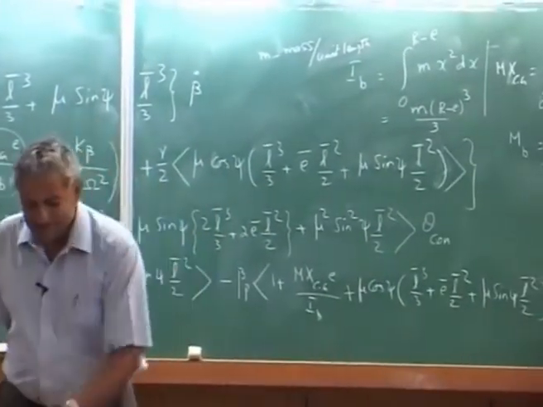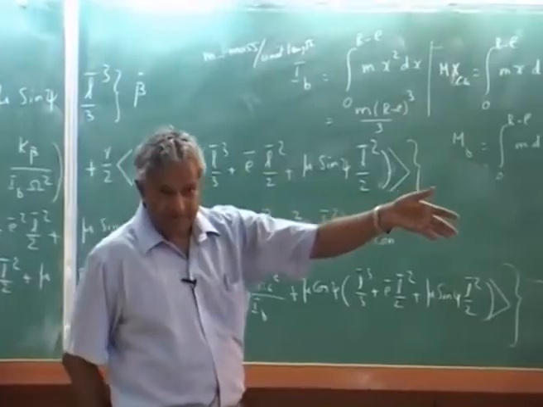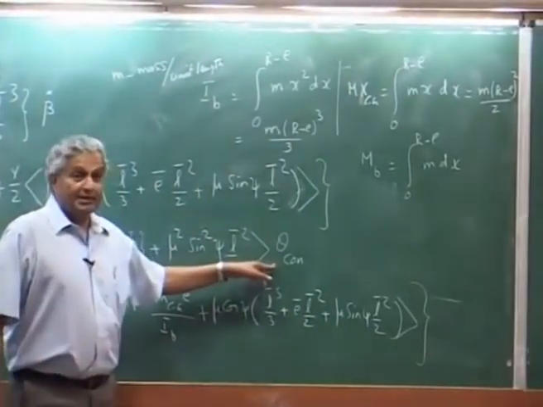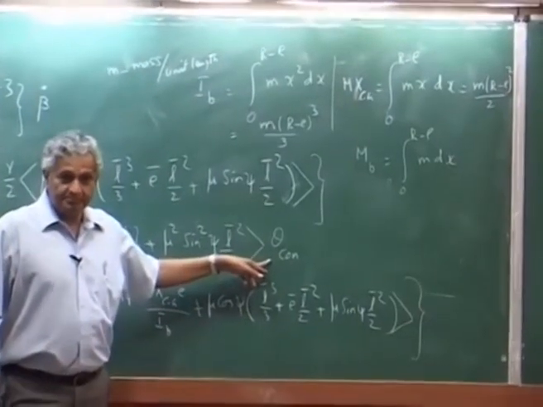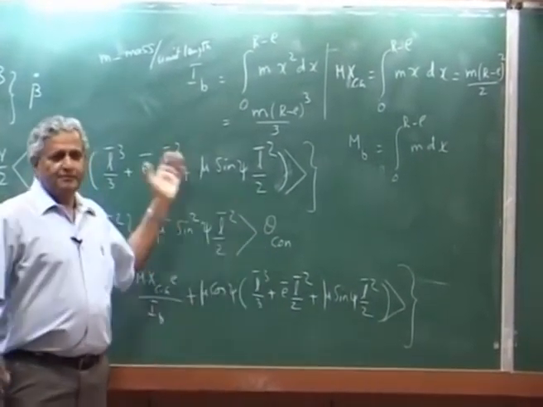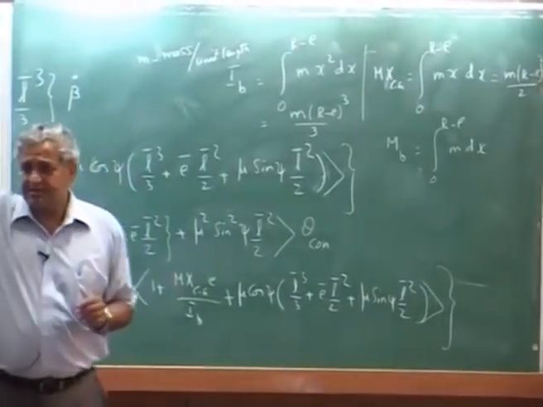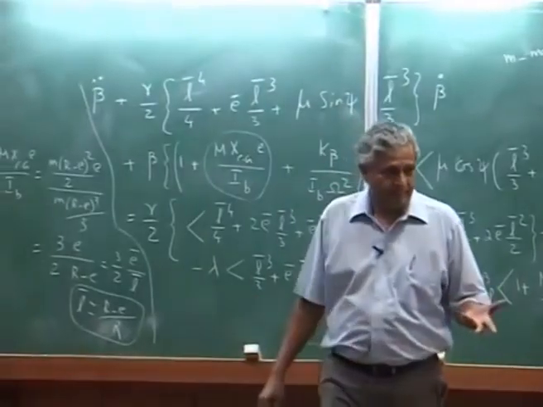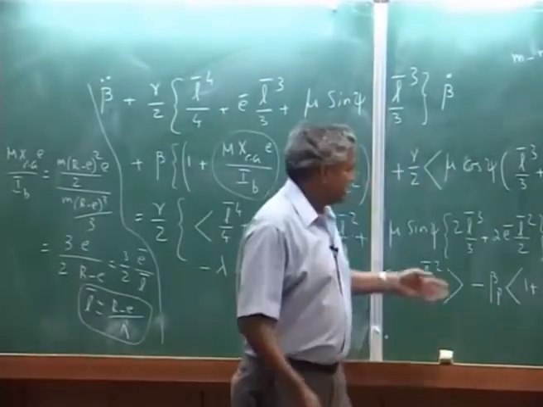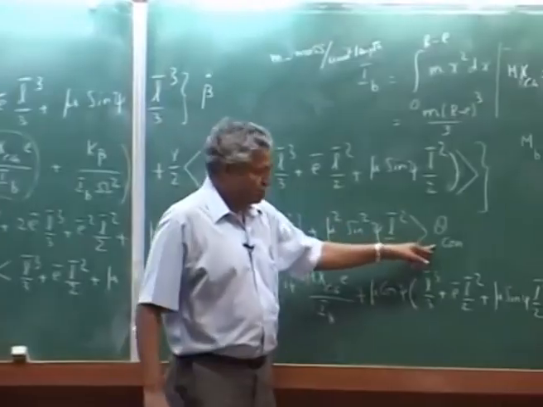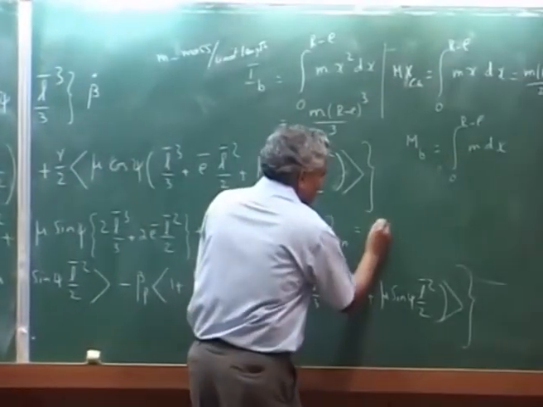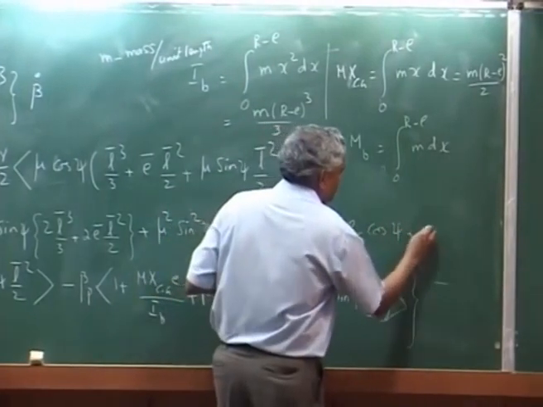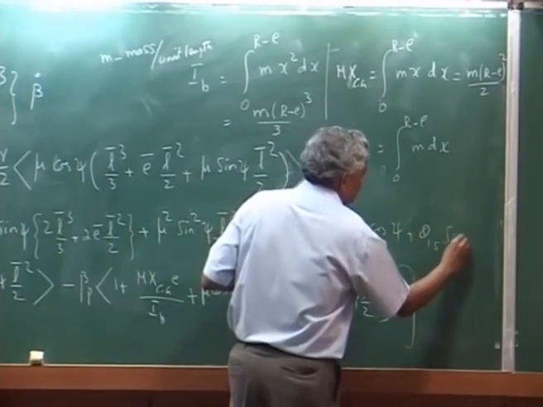Now, you can analyze steady state response. That means, if I prescribe my input, find out the steady state value, what is the response of the flap motion. You know that immediately you have theta naught, 1c cosine psi plus 1s sin psi.